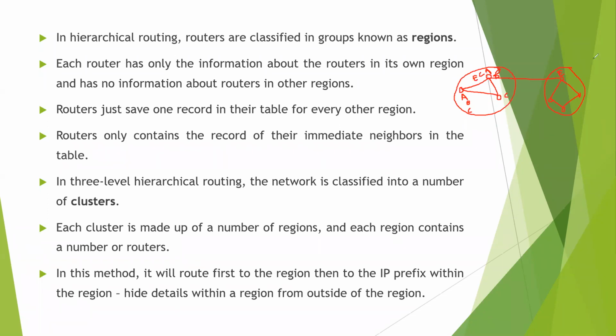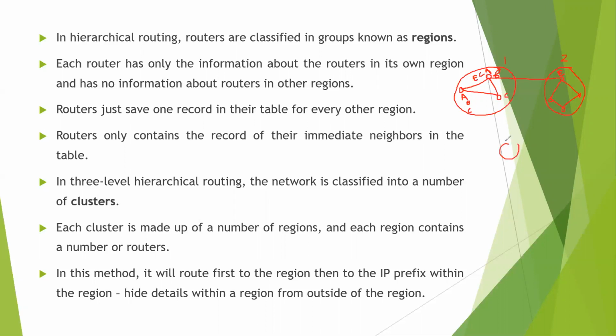Now, if the routers in the network increase further, meaning the network is becoming larger, in that case we can go for level 3 hierarchical routing. Considering level 3 hierarchical routing, there are regions. Just now I said this is region number 1, this is region number 2.